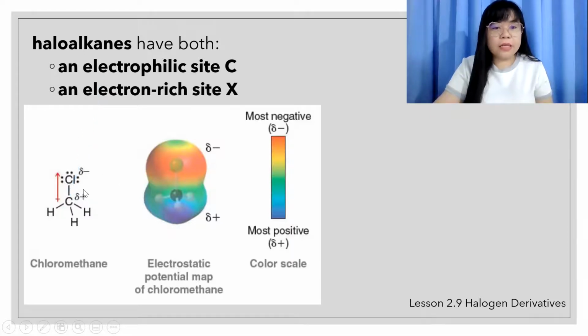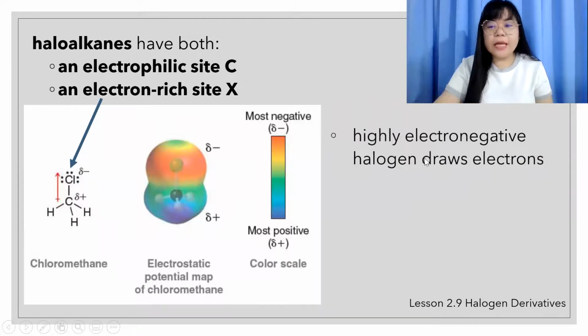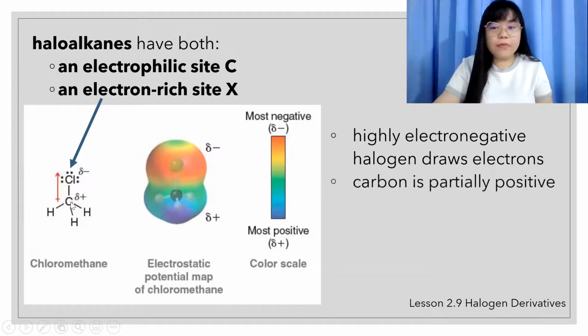And then there's an electron-rich site which is X, corresponding to the halogen. The highly electronegative halogen draws electrons towards itself, leaving the carbon partially positive.